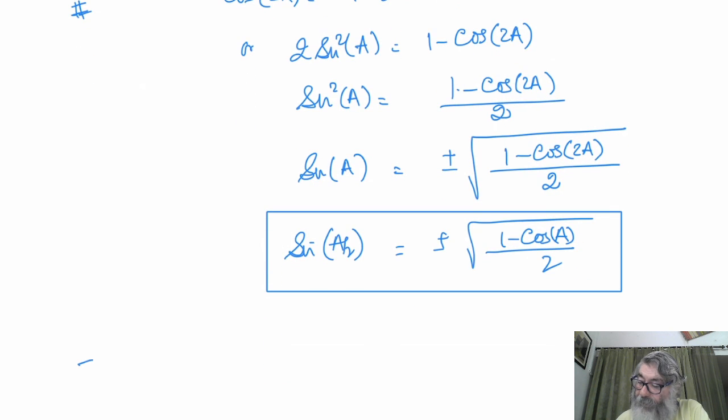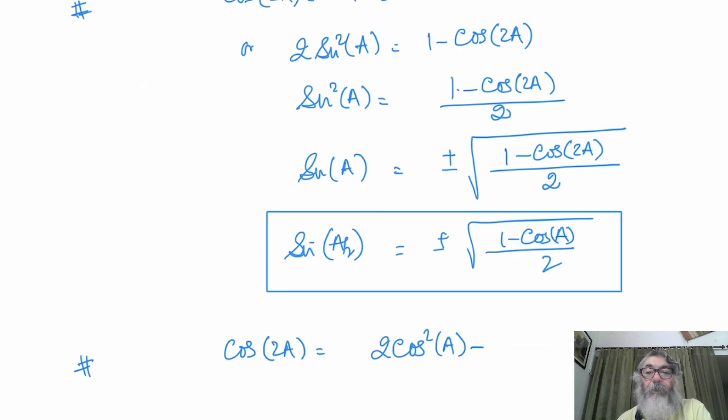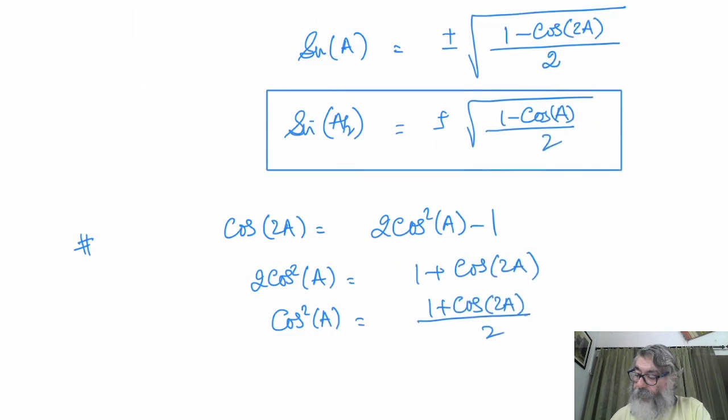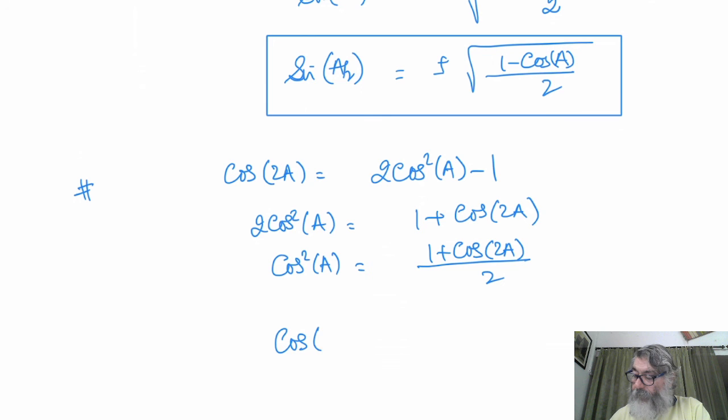We also know cos 2A in terms of cos square A. Cos 2A can also be written as 2 cos square A minus 1, or 2 cos square A will be equal to 1 plus cos 2A, or cos square A will be equal to 1 plus cos 2A upon 2, or cos A will become plus minus under root 1 plus cos 2A upon 2.